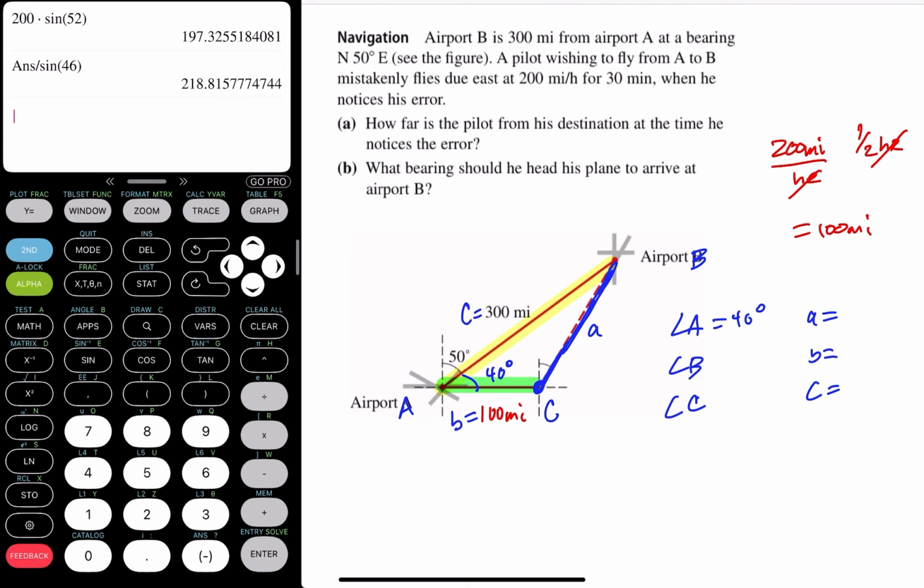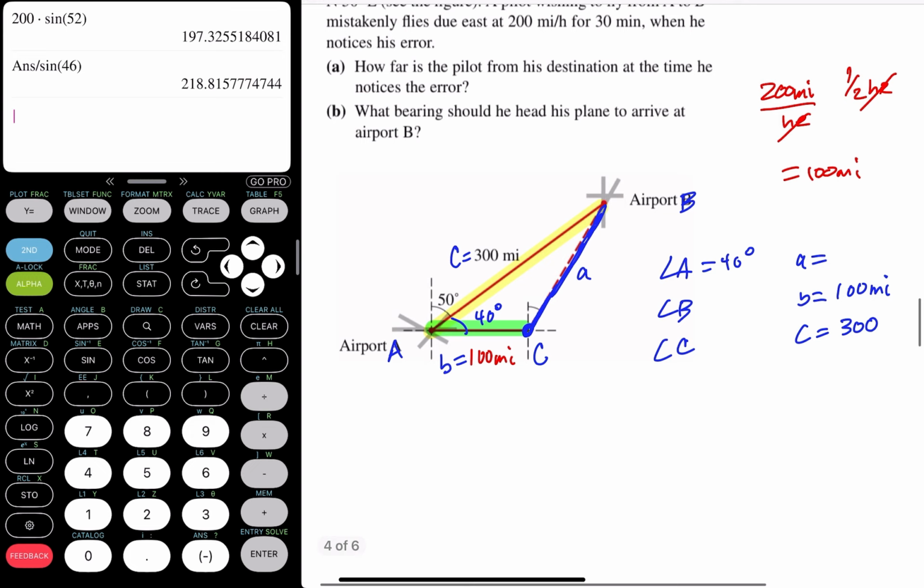Is that all I know? So that's 40 degrees, and then c is 300, and b is 100 miles. It looks like I do not have an angle side pair, so I'm going to solve for a. No angle side pair.